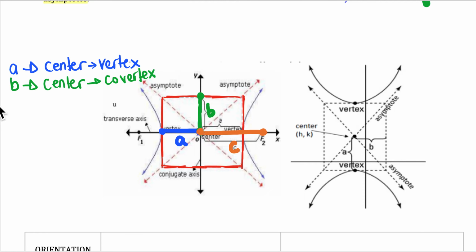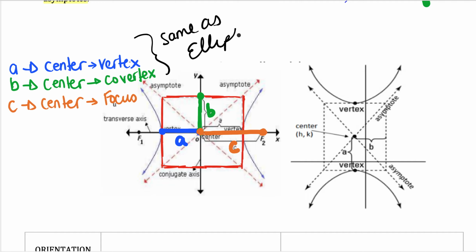And C is from the center to the focus. Again, these are the exact same thing, same as ellipses.